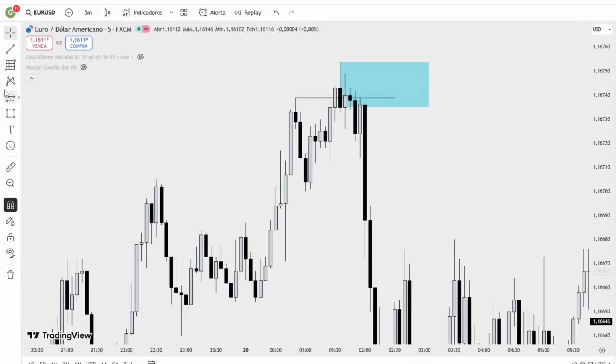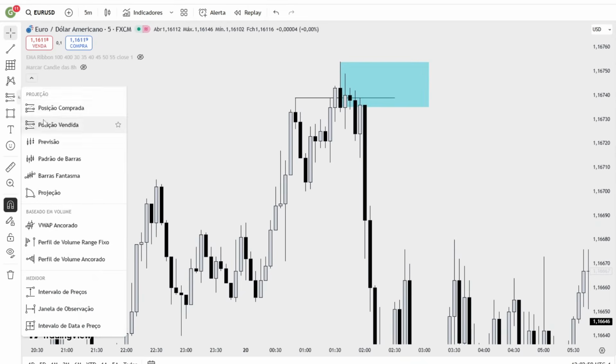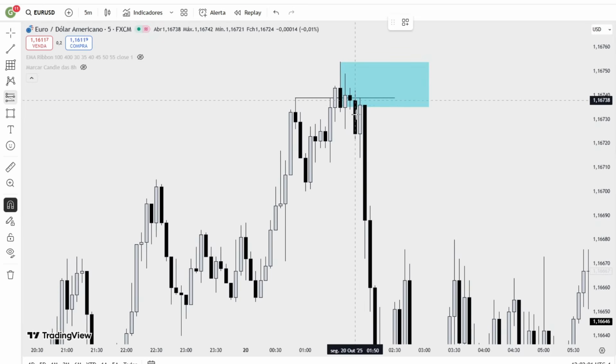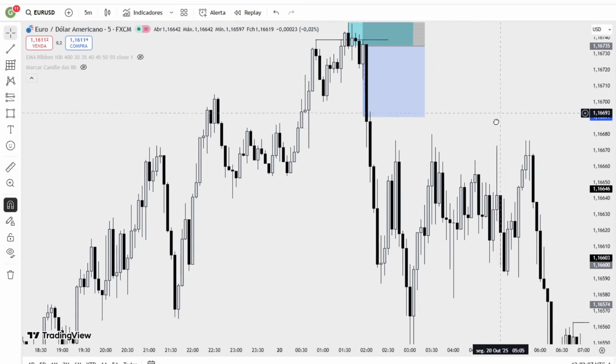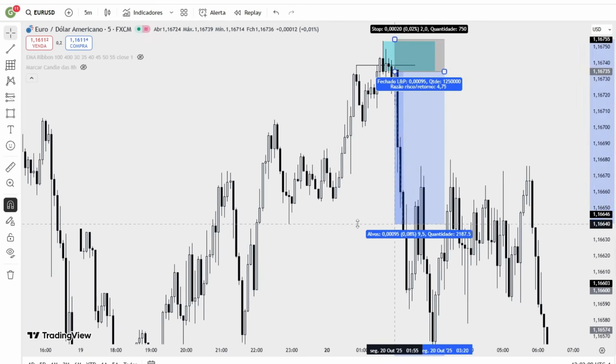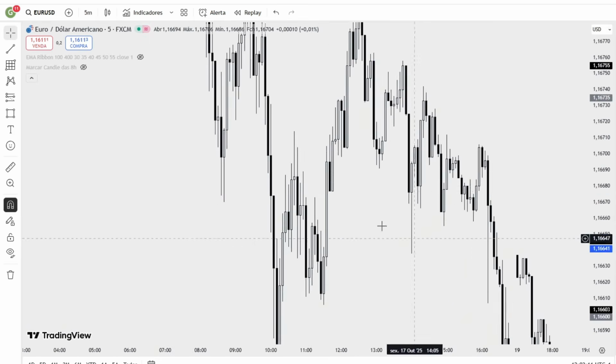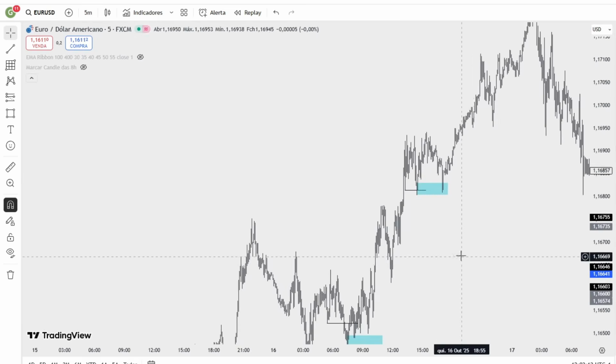Same thing here: close below, retest it here, stop above, target the next liquidity. It's the same with all the order blocks.